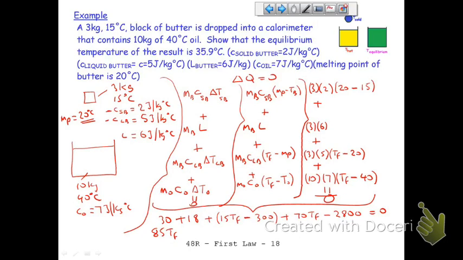Minus 2,800 becomes plus 2,800. 2,800, 2,500, 2,470, 2,452. I think I'm right on that.